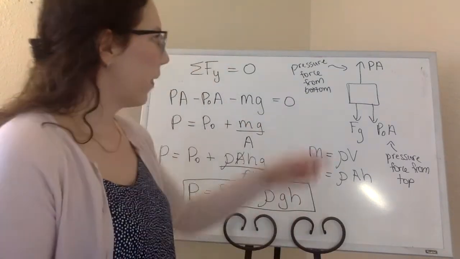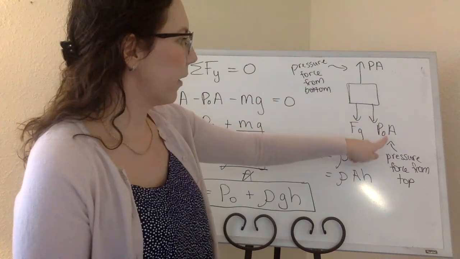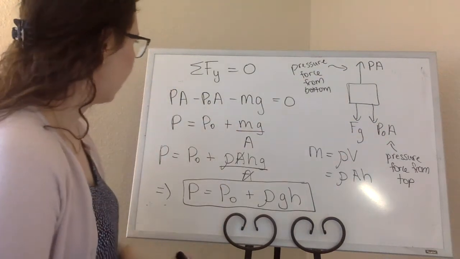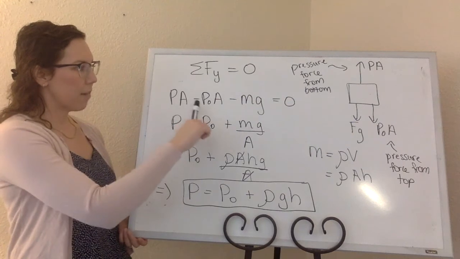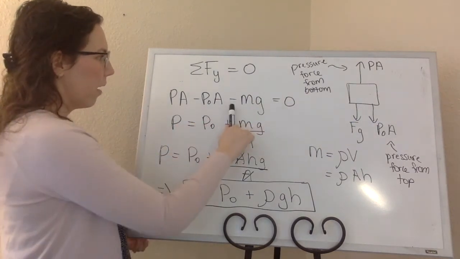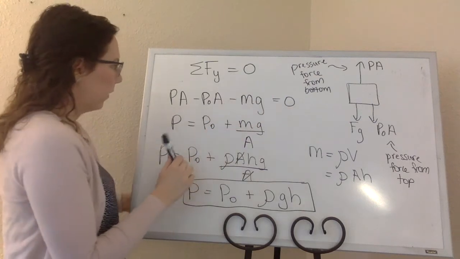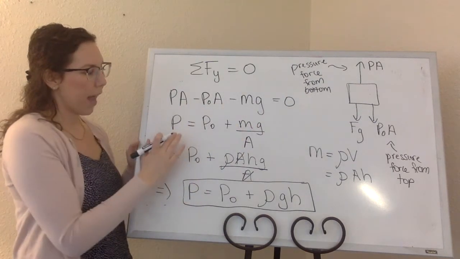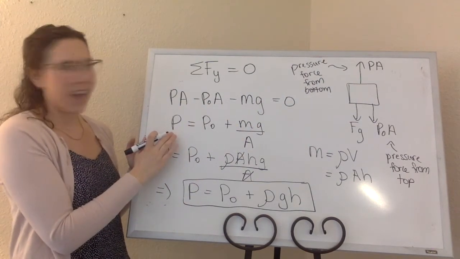So this force will be greater than the pressure force acting down. Okay, so PA minus P naught A minus the weight equals 0, just summing these and setting them equal to 0. Now I can divide everything by A and rearrange for the pressure at a depth.